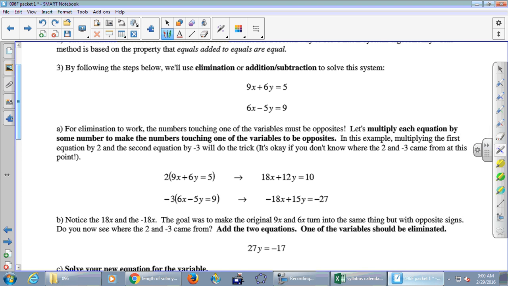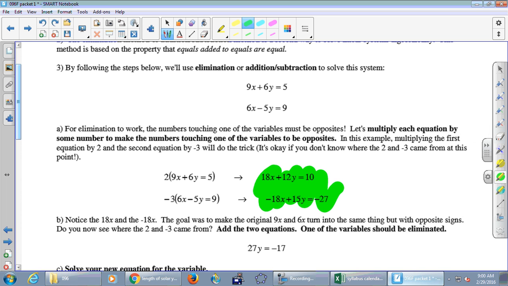Okay, so forget those 2 equations at the moment and just jump down to these equations right here. Don't worry about how we got here, but just focus on those for a second. Suppose that I added these 2 equations together, just going straight down. If you add, for example, 12y plus 15y, what do you get? 27y, that's there.